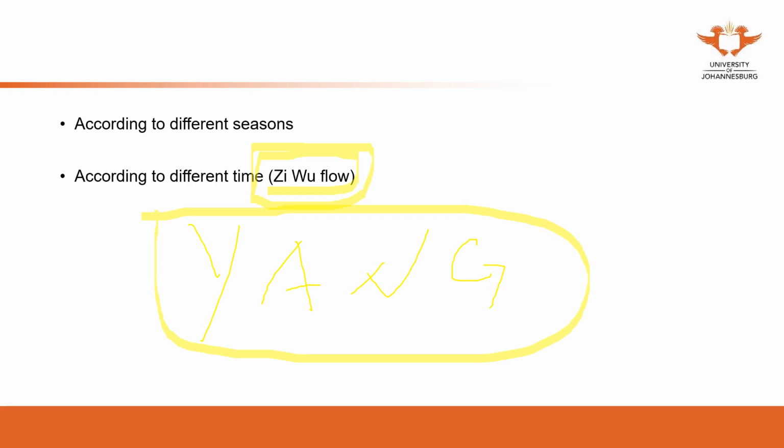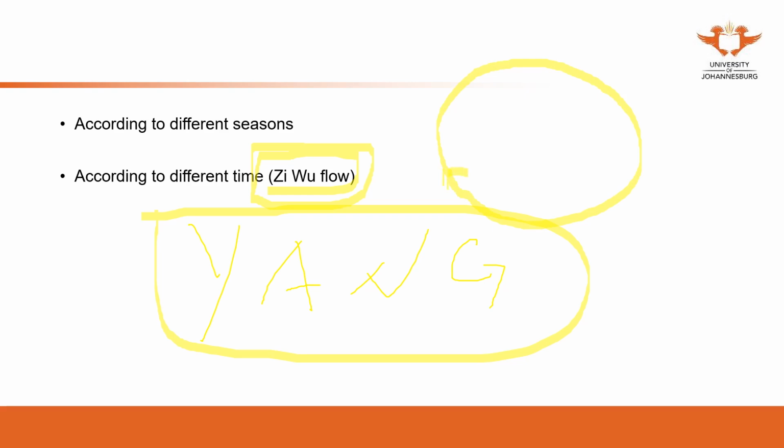Tomorrow at 10 o'clock, I'm going to choose other points according to the principles. If the same patient comes to me at 11 o'clock or at 1 o'clock, I may choose other points. The reason for this theory is the flow of qi and blood in the meridians, which changes according to the time.